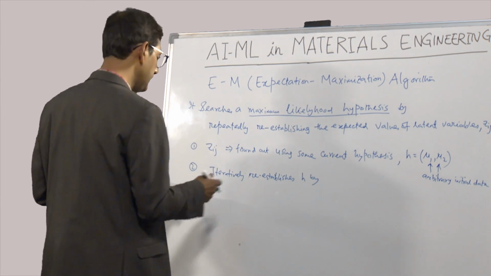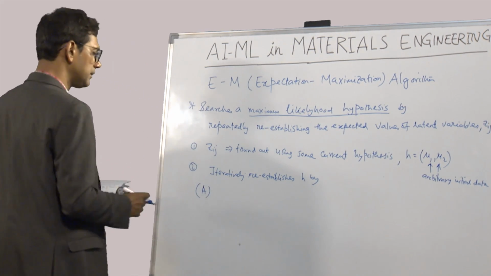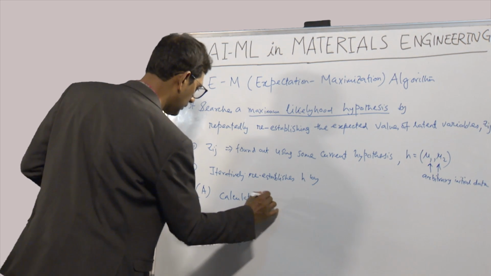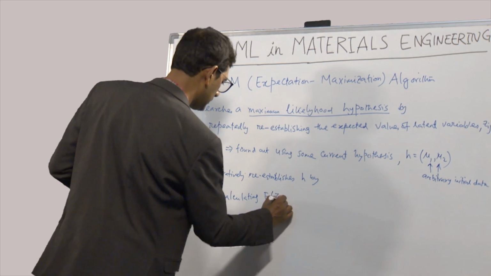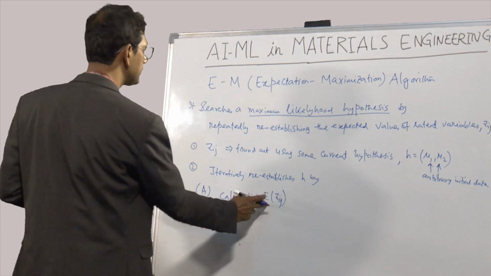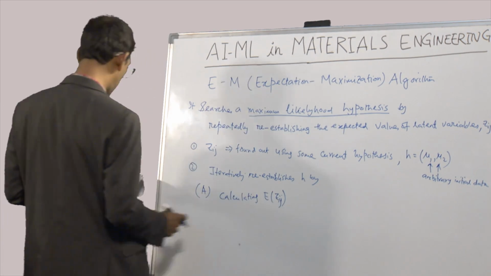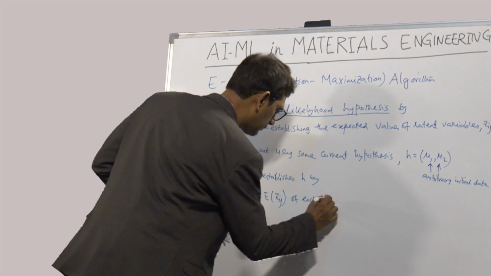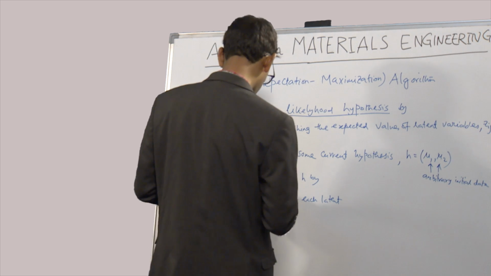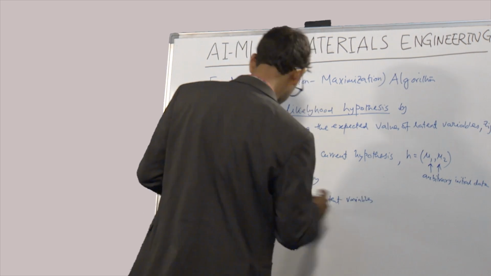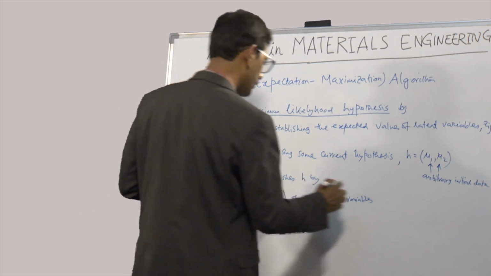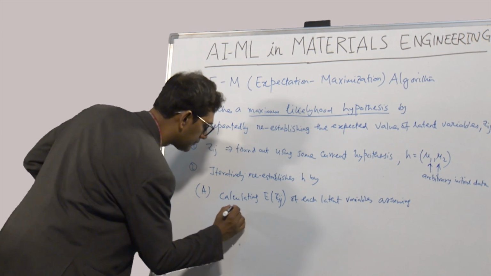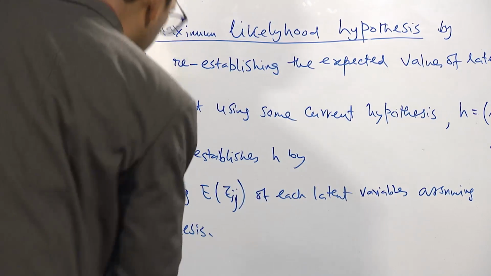Now, how do I do this? Iteratively re-establish H by calculating E of Z_ij, the expectation of each latent variable, assuming the current hypothesis.